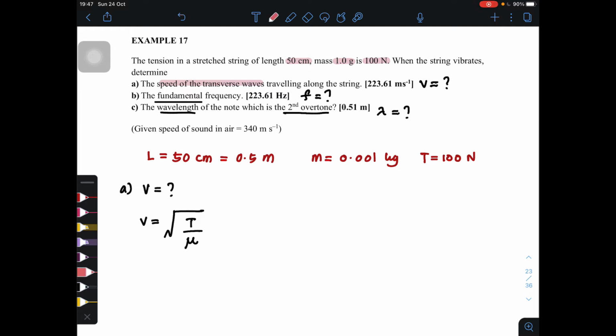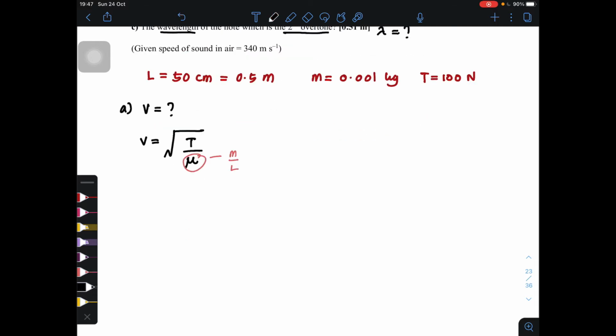Di mana mu dekat sini adalah sama dengan mass divided by length. So here, boleh terus masukkanlah since kita ada mass. We are given the mass, the length is here, and also the tension is here. Kita boleh terus masukkan dalam formula 100 divided by mass divided by the length.